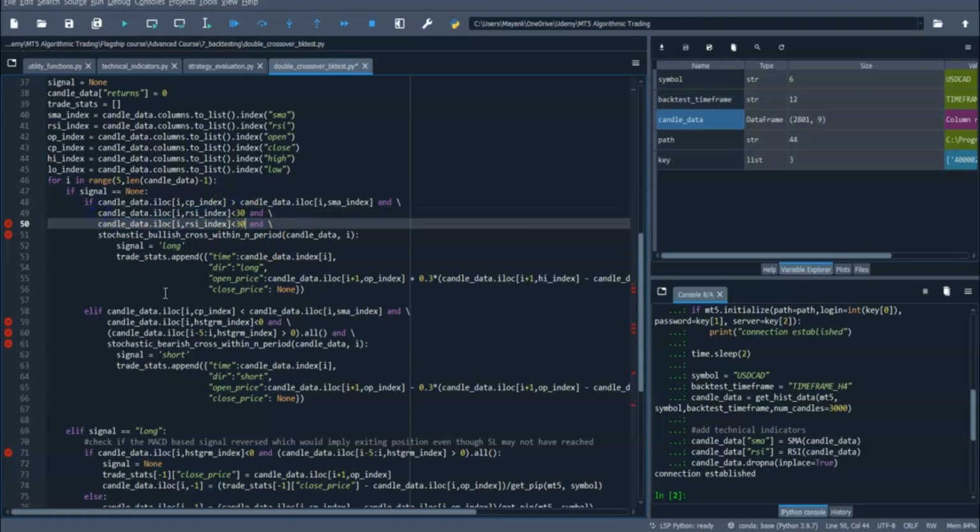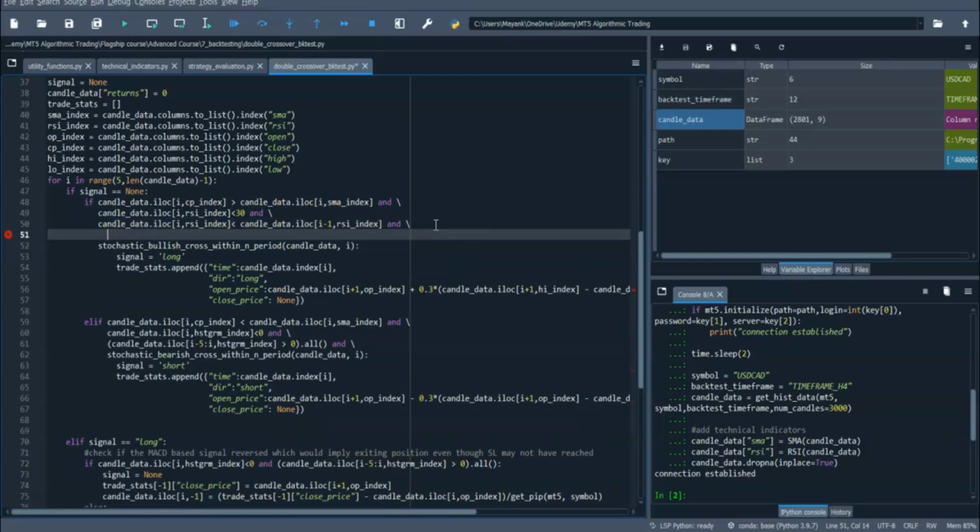Then the current RSI index needs to be less than the previous RSI index. Alright, so I minus 1. And we'll have to do the same thing for 2 more previous RSIs. So let me copy and paste this here. So I minus 1 is less than I minus 2.